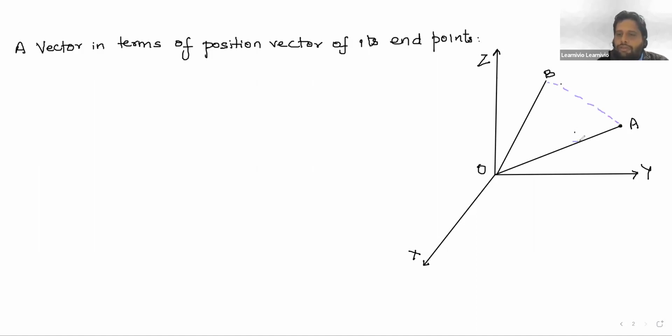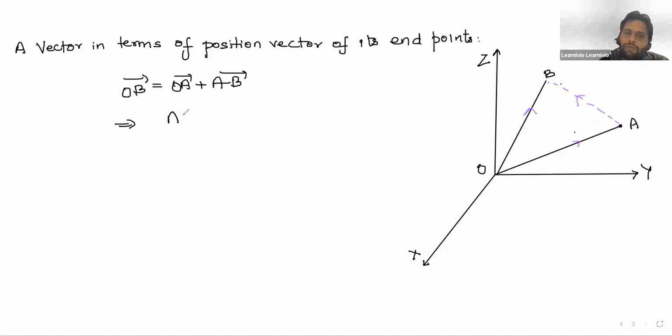If you are going from O to A, then A to B, and you can also go directly from O to B, then OB is equal to OA plus AB.